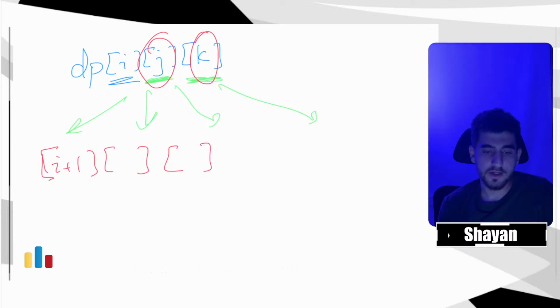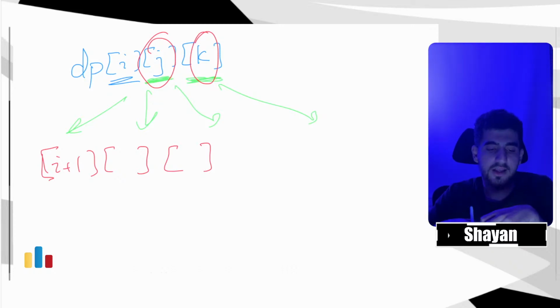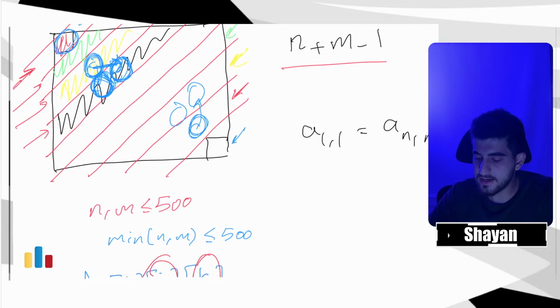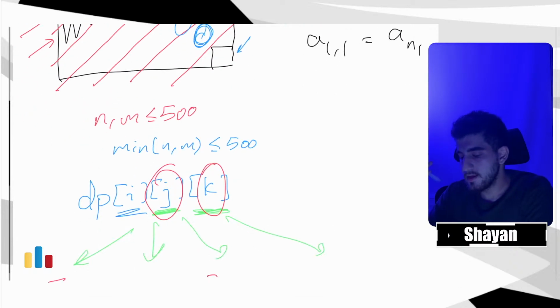So whenever they are adjacent to each other or on the same cell, we can add that value of dp to our answer. This way we can simply find our answer.